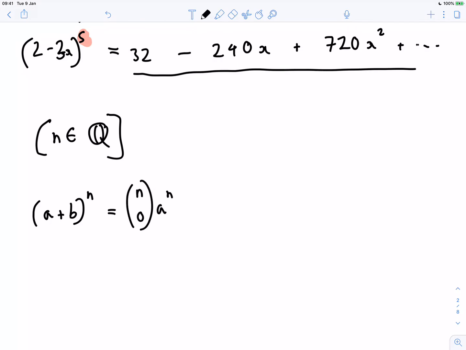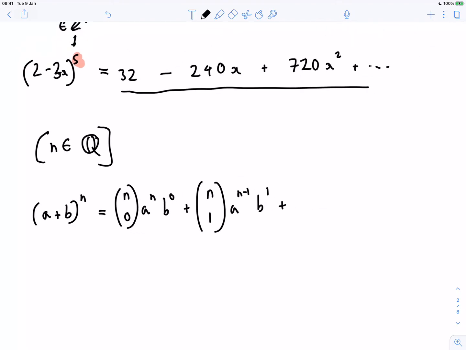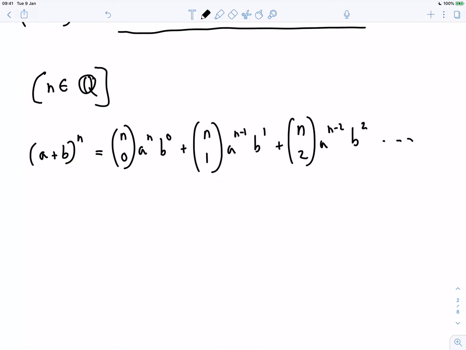This would be a to the n, times b to the 0, plus, and then we carry on in the usual way: n choose 1, a to the n minus 1, and this is b to the 1, plus, and then the next term would be n choose 2, a to the n minus 2, b to the 2, and so on and so on. Right, now here's the problem.